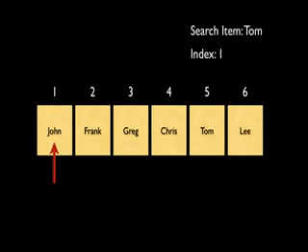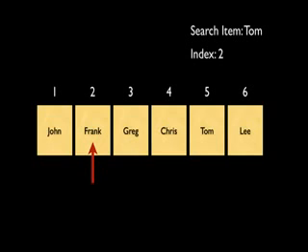So obviously we can see here John does not equal Tom, so we're looking at what will happen if that doesn't occur. With a linear search, what it does is it increments the index. So index equals index plus 1. If we add 1 to that index, it causes the pointer to then shift to the second element of the array.